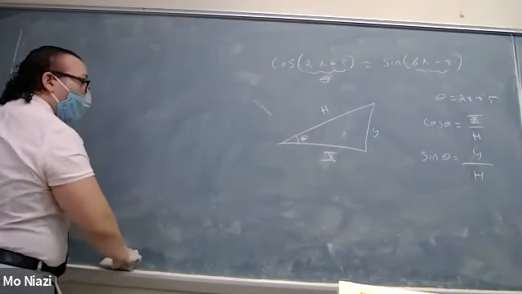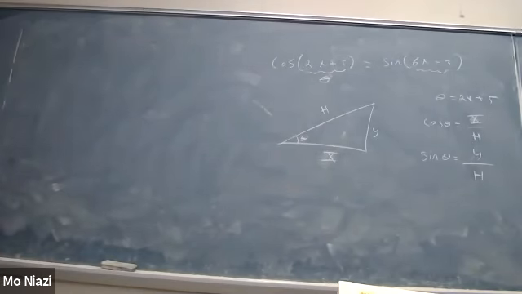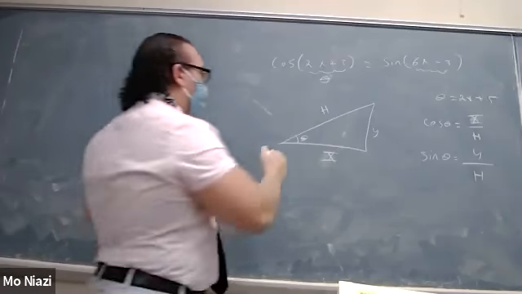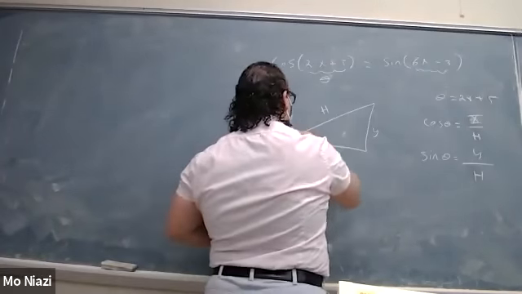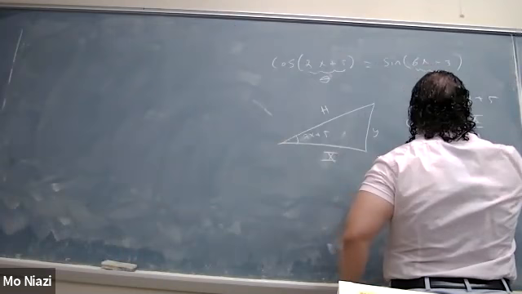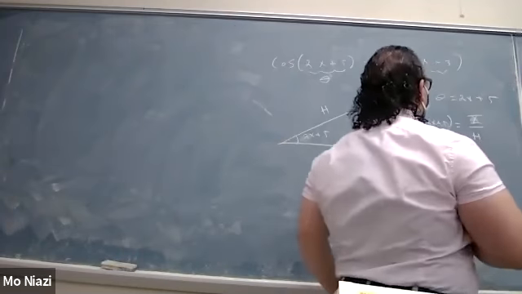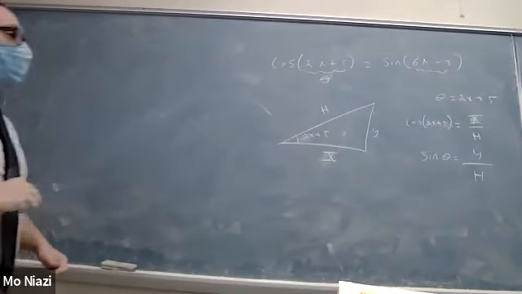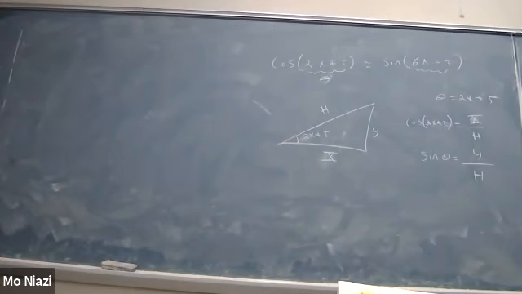There's many ways you can do this. You can set up a triangle and say that theta, this is a 2x plus 5. And so cosine of theta, like cosine of 2x plus 5, is equal to that. But we don't know y and we don't know h.